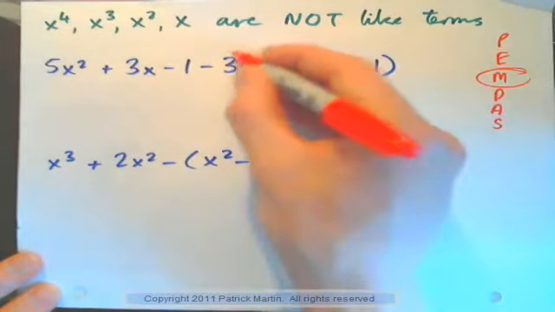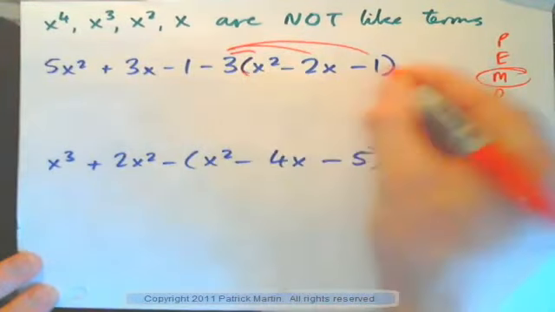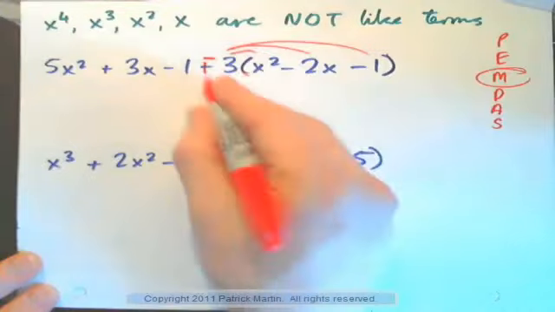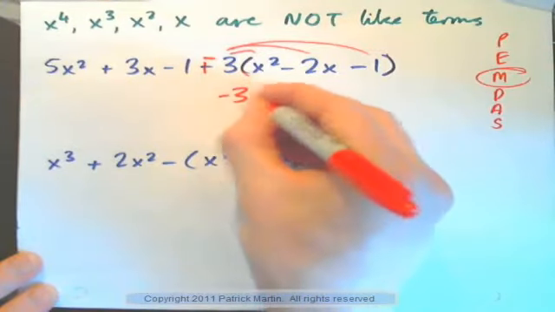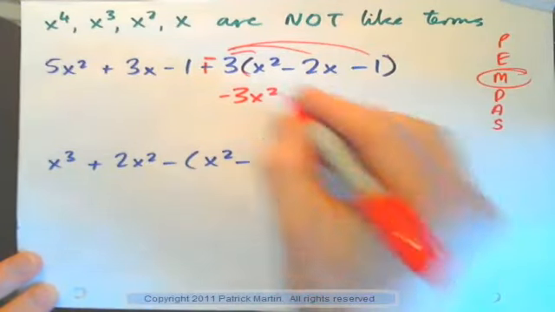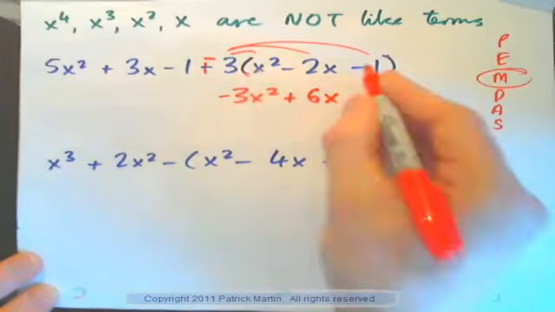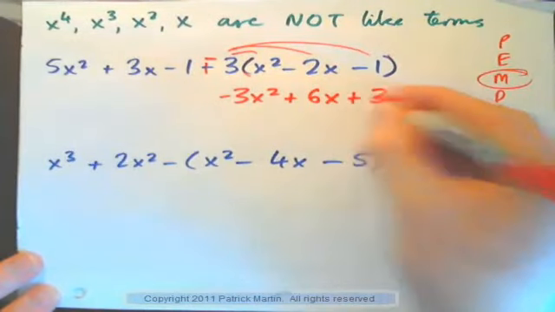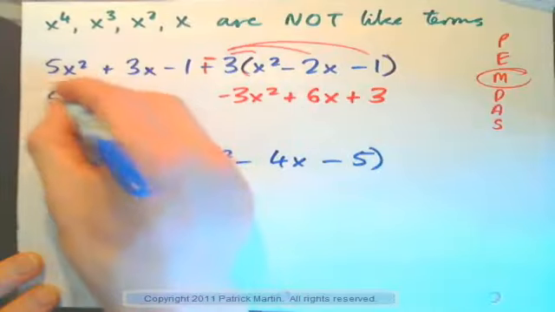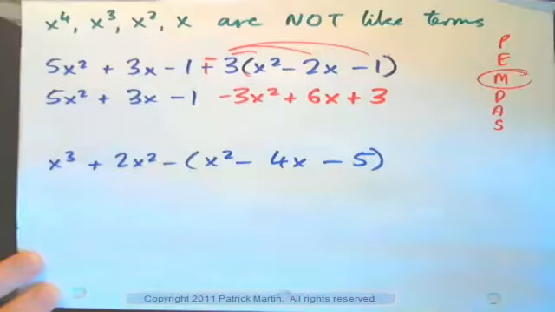But we can multiply the -3 in, right? Because subtract 3 times this parenthesis, it's like plus -3 times everything, which gives -3x squared. And then -3 times -2x. Negative times negative, positive 6x, right? -3 times -1, positive 3. And we still have our 5x squared plus 3x minus 1, correct?